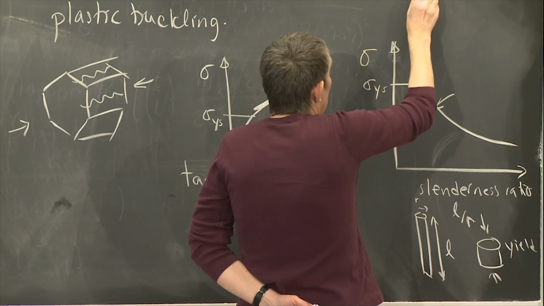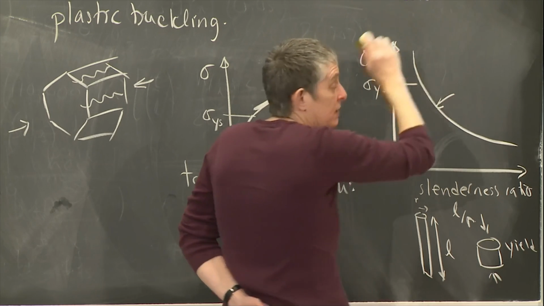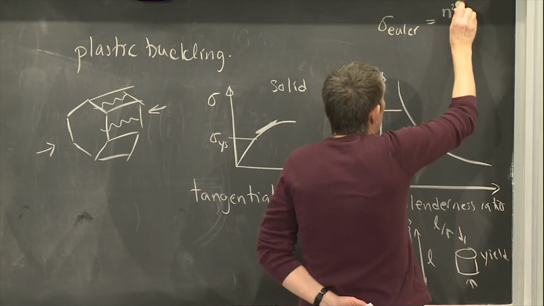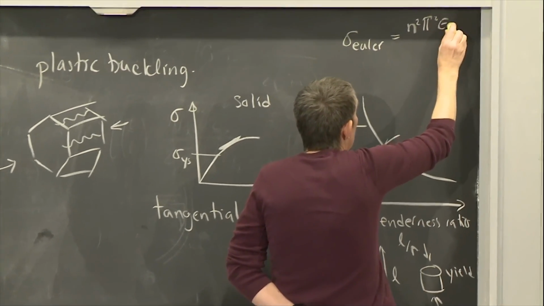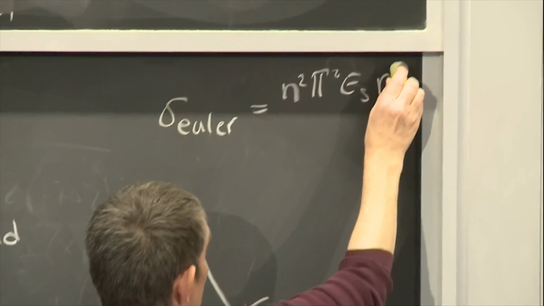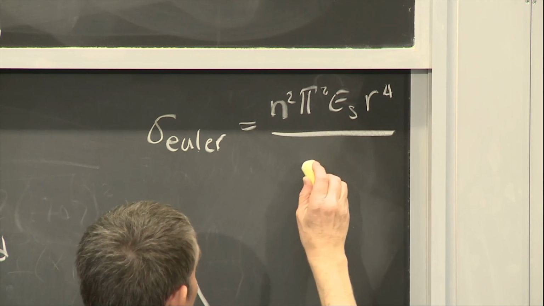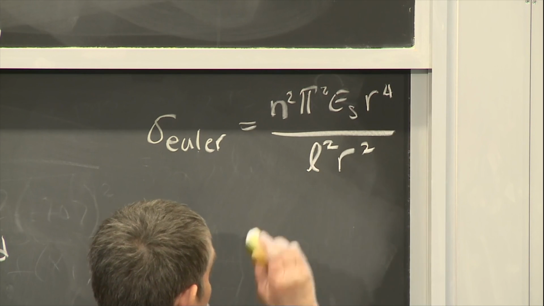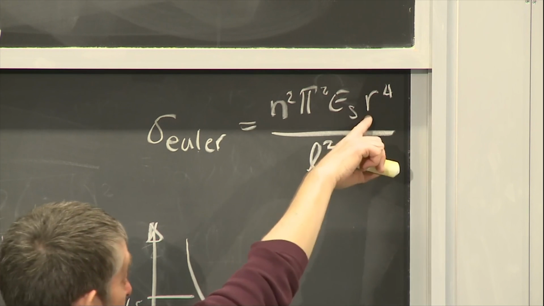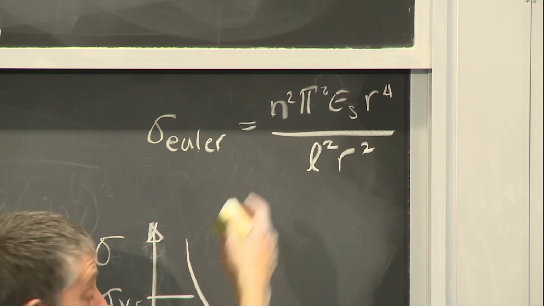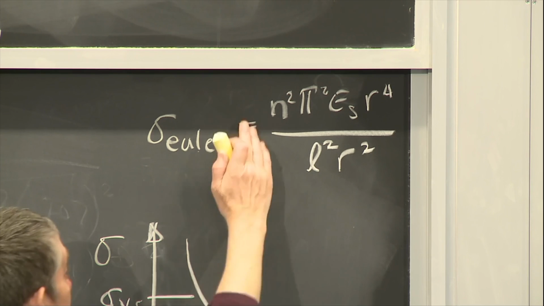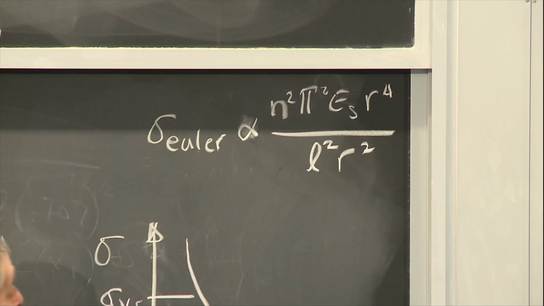If you think of it in terms of a stress instead of a load, it's going to be n squared pi squared E S I. Let's say I goes as r to the 4th, and this is going to be L squared r squared. There's going to be a pi in here. I might have lost a factor of 4, but let me make this proportional.